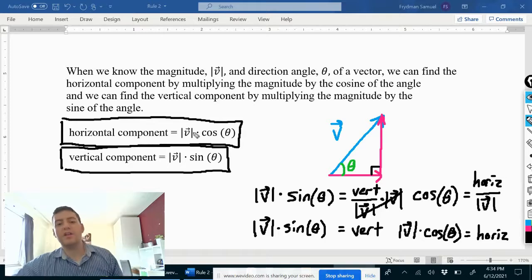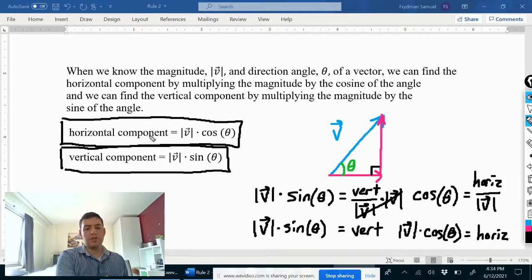Okay, so that's another way to come up with these rules. The reason I didn't start off with this proof over here is because this proof is based on the right triangle definitions of sine and cosine rather than the unit circle definitions.